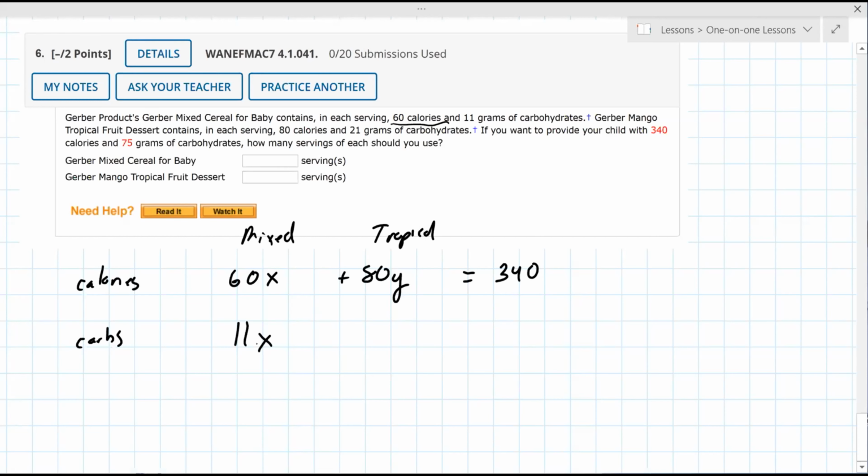Then there's 11 grams for the mixed and 21 grams for the tropical, and that has to equal 75.